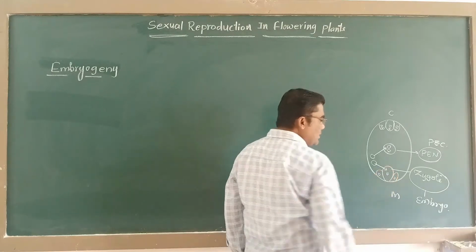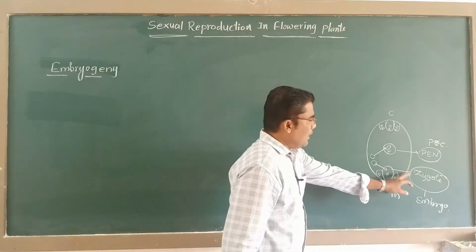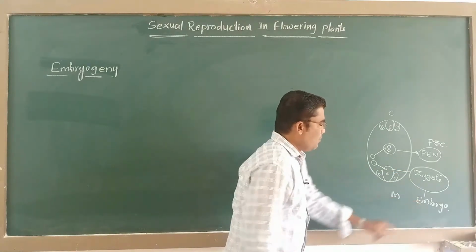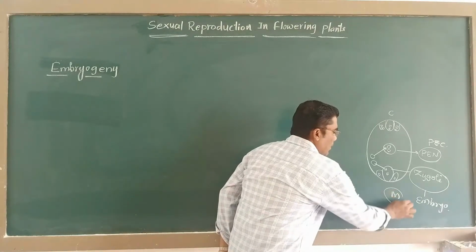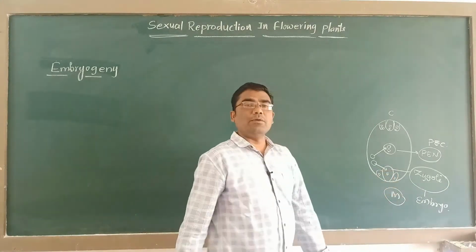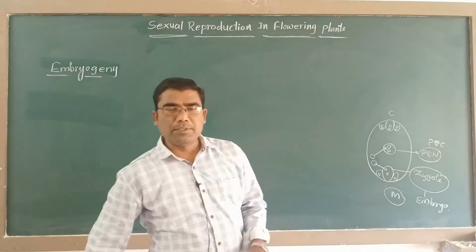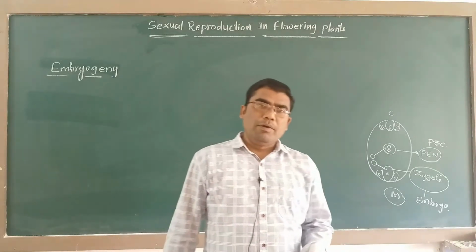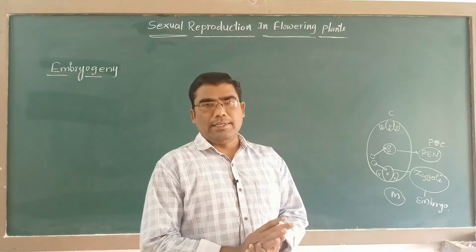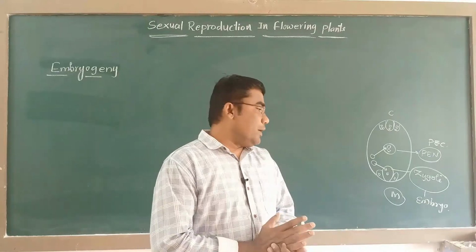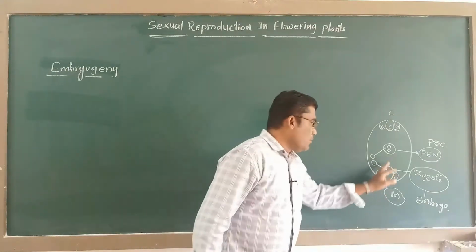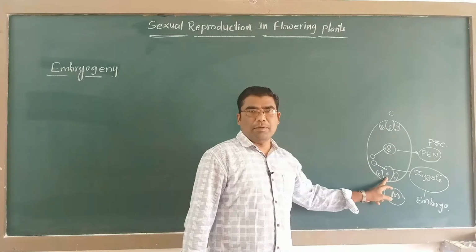Okay, so here please remember this one. Commonly, embryo is produced towards the micropylar side within the ovule. When we observe the ovule after fertilization, commonly embryo is produced towards the micropylar region. You please remember this one.